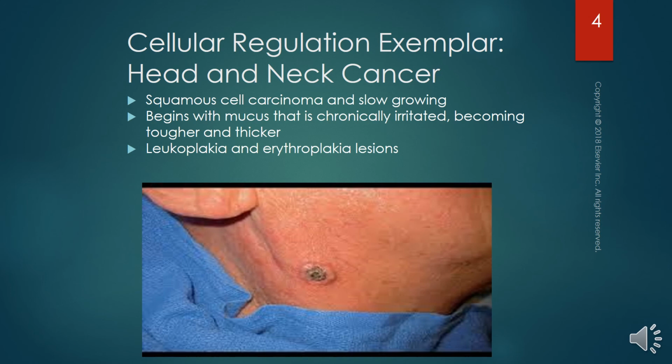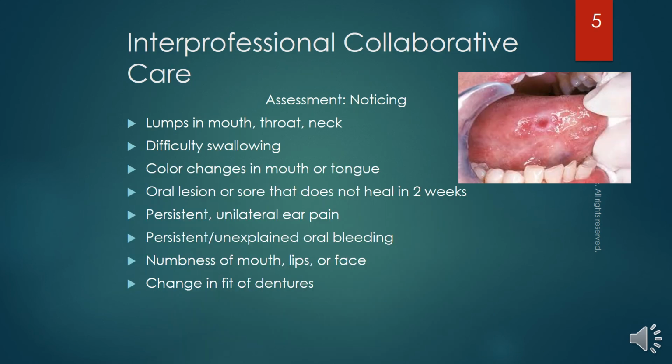You're going to have leukoplakia and erythroplakia lesions. And what does that mean exactly? That means you're going to have white lesions and red lesions. Okay. So with those types of carcinomas, I neglected to say that it will be slow growing, and they usually are curable if you catch them early.